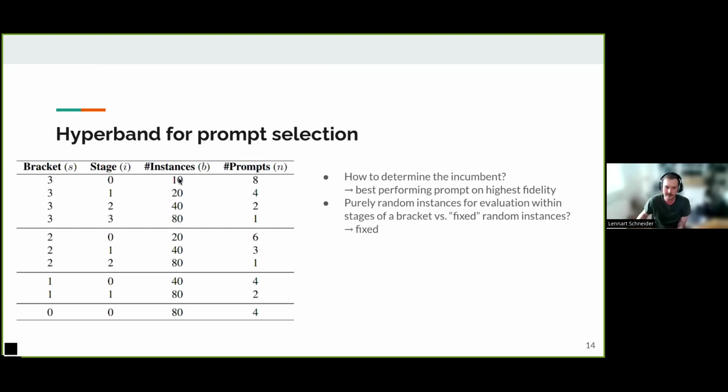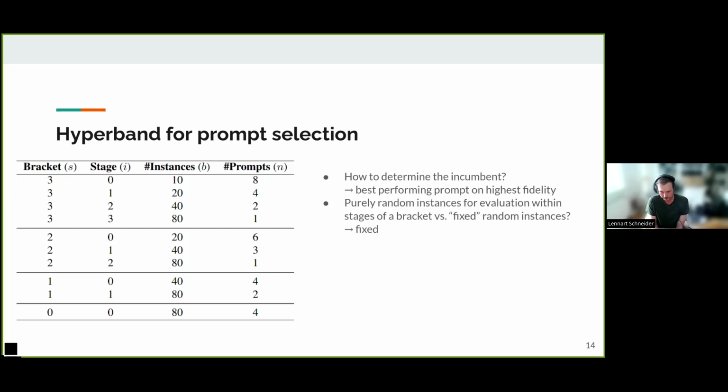Or do I draw 10 instances uniformly at random and all the 8 prompts are evaluated on the same fixed random instances? That means, do I do a paired comparison or not? And it turns out in an ablation study, you should do a paired comparison. Otherwise, it gets messy because you're comparing apples with bananas, or it can be difficult to actually compare the prompts.